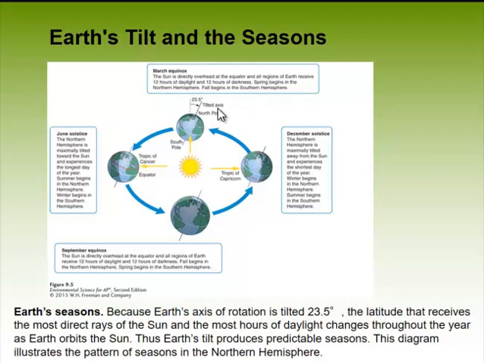And we really did a lot more with this diagram than what you see here. So remember that the rays of the sun do not always beat directly onto the equator. When the Earth is oriented in the June solstice direction towards the sun, the rays are more directly over this dotted line, which is the Tropic of Cancer, and 6 months later, Earth is still oriented in this direction on its tilt, on the axis.